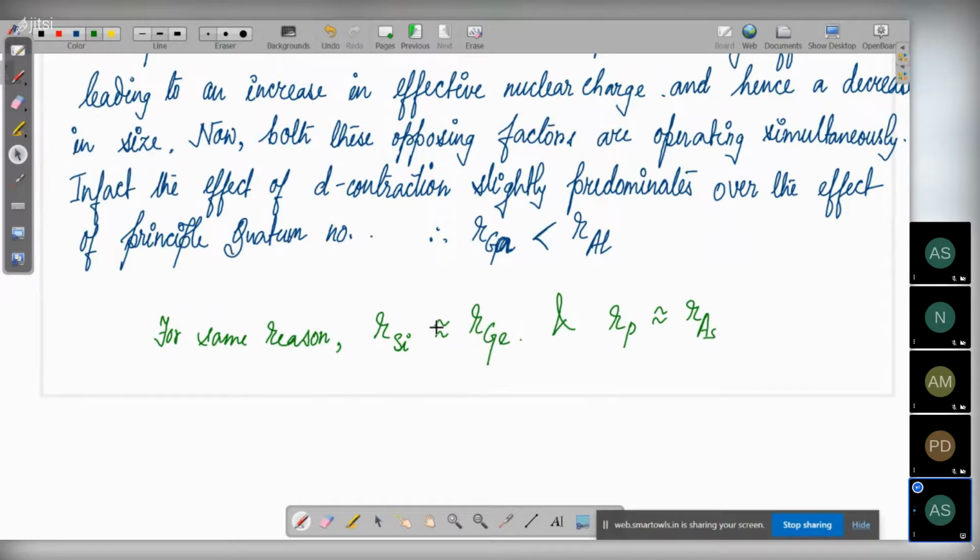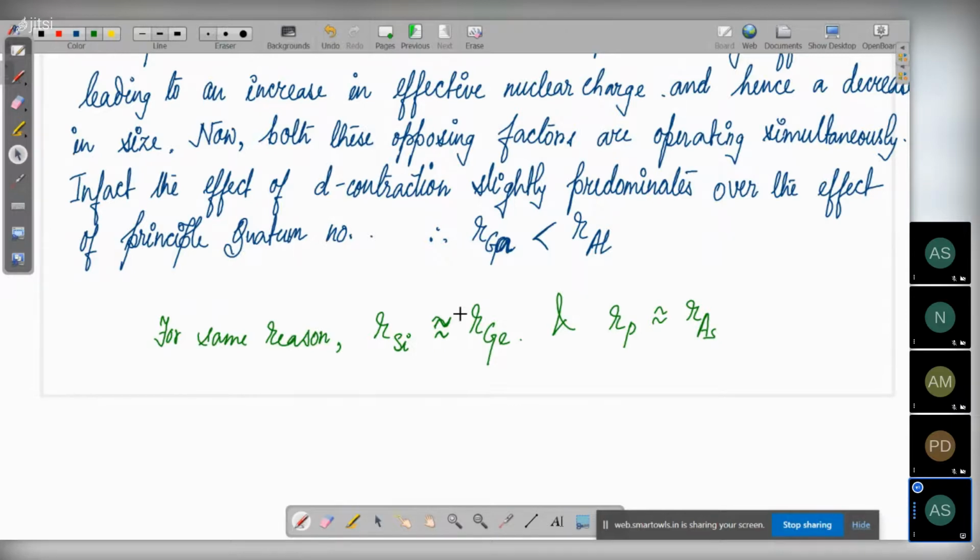So you know hopefully that this type of curved equal sign means approximately equal or almost equal. When I write R of silicon, that means the radius of silicon.